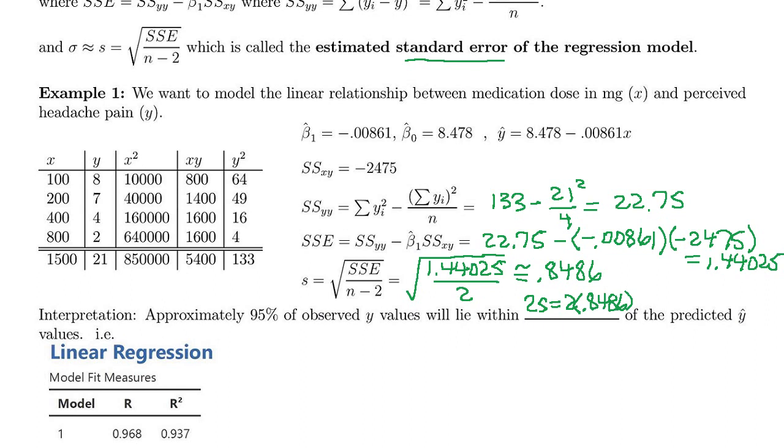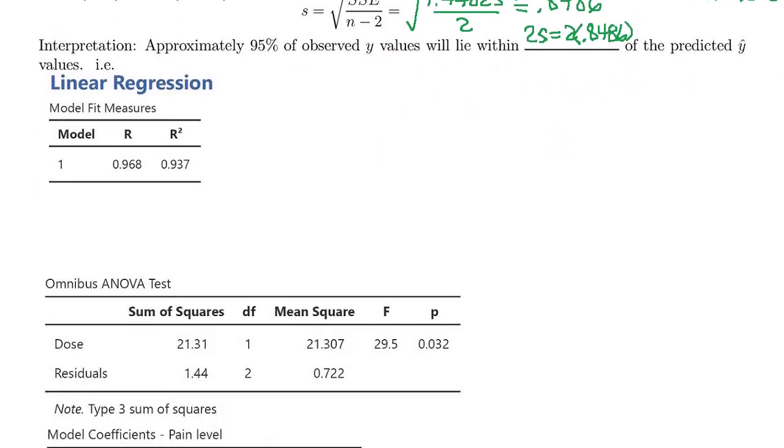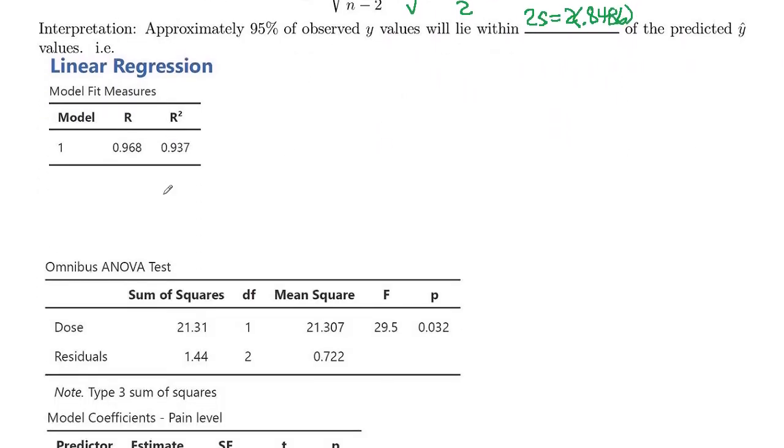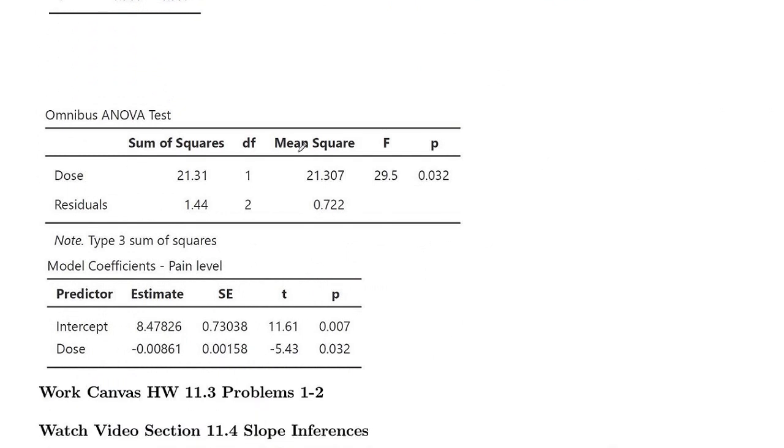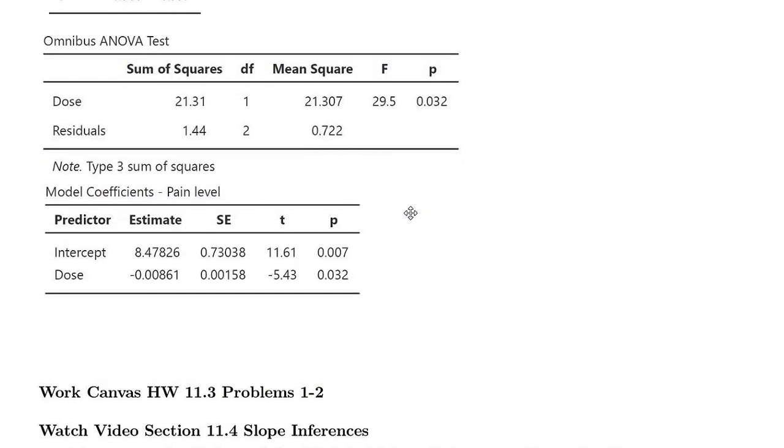Let's take a look at what Jamovi output would look like here. This is the same output that we had before: our linear regression with R and R squared, our ANOVA table, and our model coefficients.